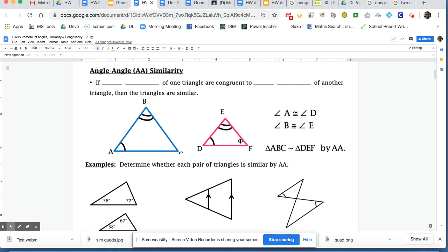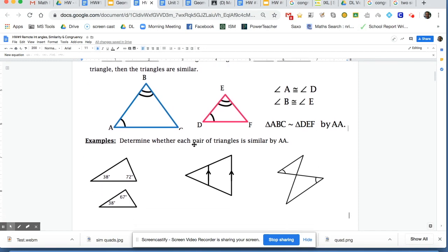So if we only have two pairs of angles that are congruent, that's enough because by the triangle sum rule, the third angle must also be the same. So these two triangles, ABC is similar to DEF, because of the angle-angle similarity postulate. We'll be using those postulates throughout this exercise.